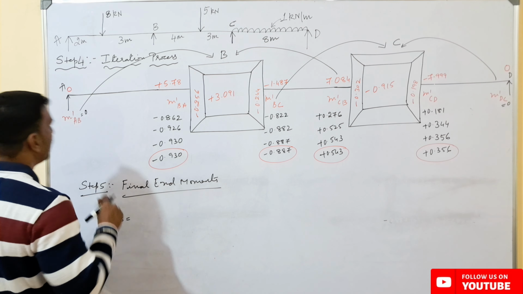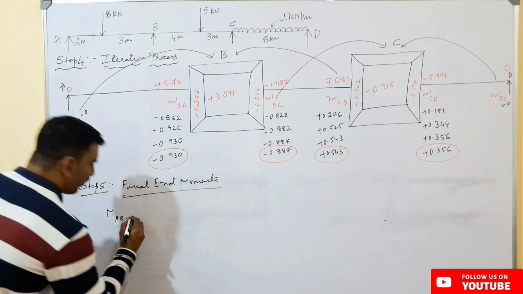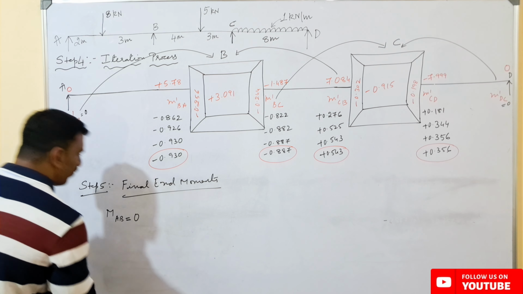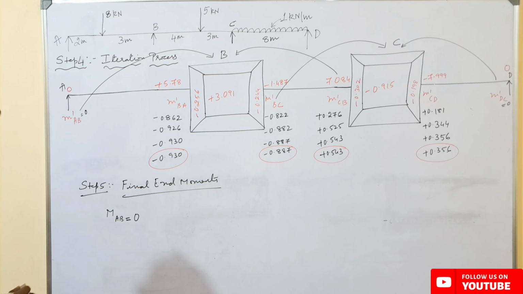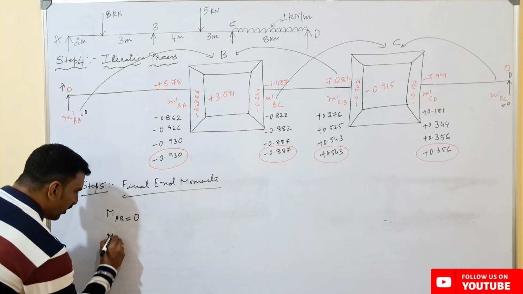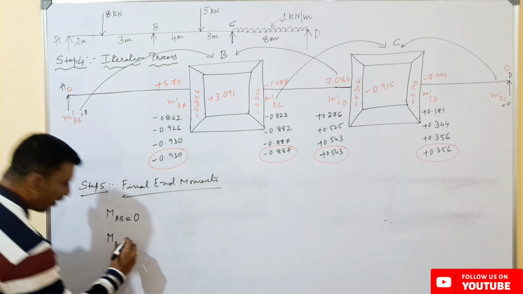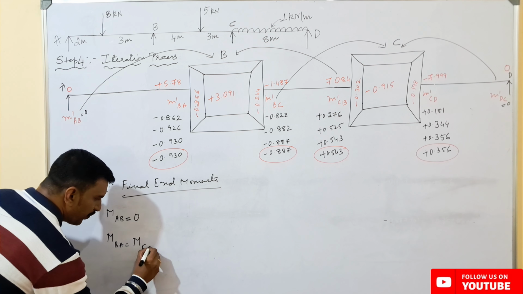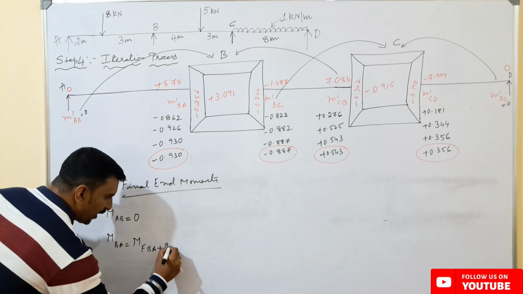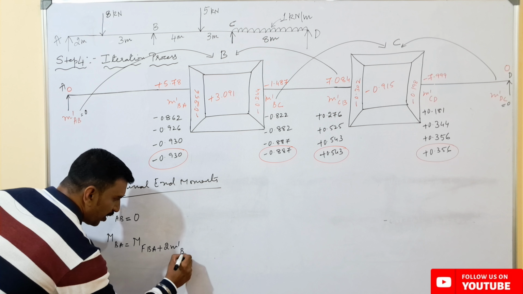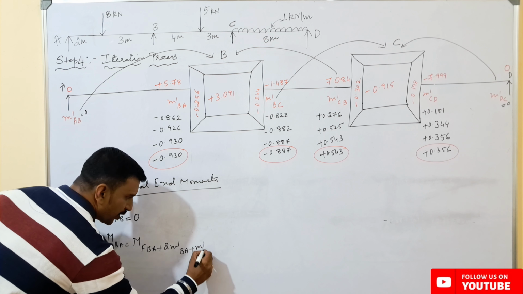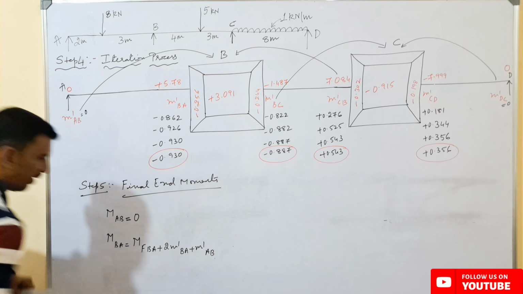So the final end moment for A was 0. So this value from A to B will be equal to 0. Now the final end moment from B to A, where we have the formula, which is fixed end moment from B to A plus 2 times the rotation contribution about the near end plus 1 times the rotation contribution about the far end.